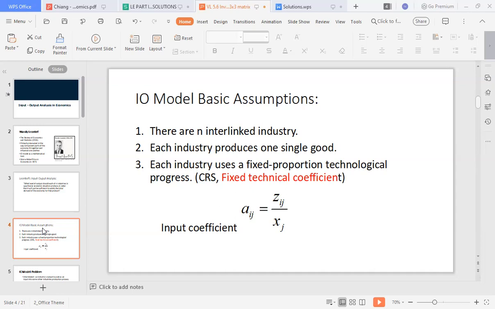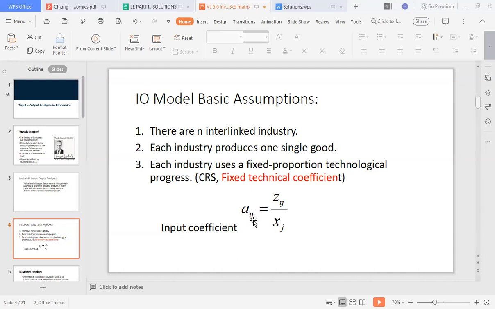The third one is each industry will use a fixed proportion technology. Now, in this case, if you're still familiar with this coefficient, later on we call that one the technical coefficient. We can also call that one the input coefficient.